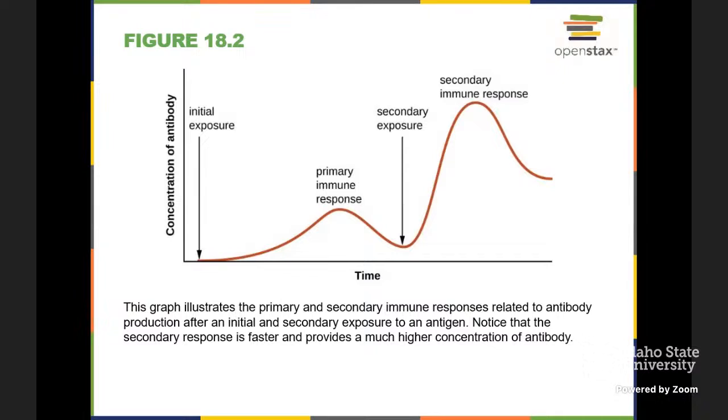So this image, we're technically going to see repeatedly through this chapter. We're going to talk about it with some different ideas as we move along. I'm going to give you a few tidbits as we're looking at it right now. So there are numerous things that we can think about in this situation. It could be coming in contact with some sort of pathogen, getting sick, recovering, and then seeing it again.